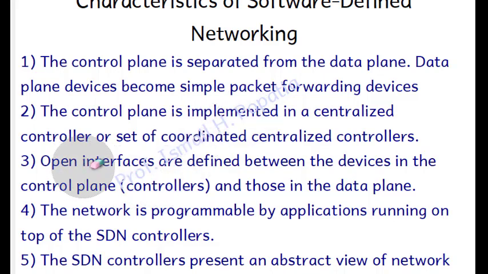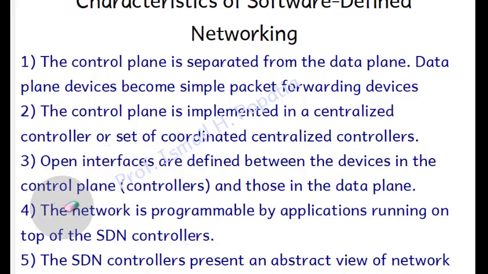Then the next is open interfaces are defined between the devices in the control plane and those in the data plane. So we have these APIs. To facilitate the communication between the two planes, we have the open interfaces, which are the APIs. The southbound API is between the control and the data plane.